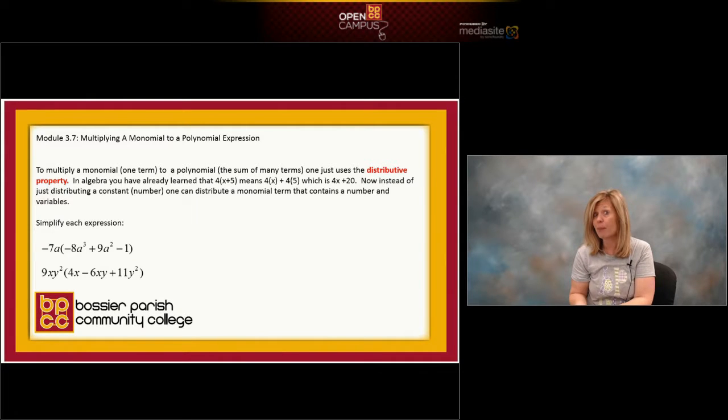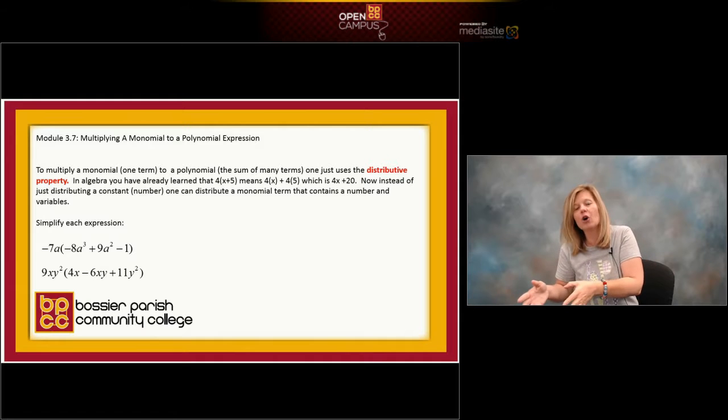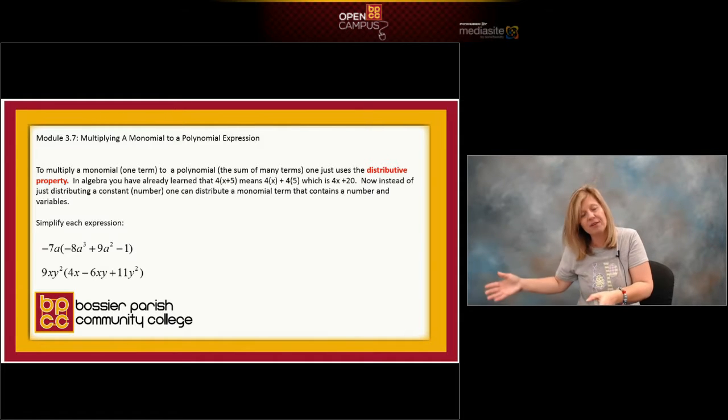Inside the parentheses I have a binomial, two terms, x plus 5. When I have that number 4 in front of that parentheses, we know we're going to take that 4 and multiply it to everybody inside the parentheses. So what we're really doing here is multiplying a monomial, one term, the 4, times a polynomial, x plus 5.